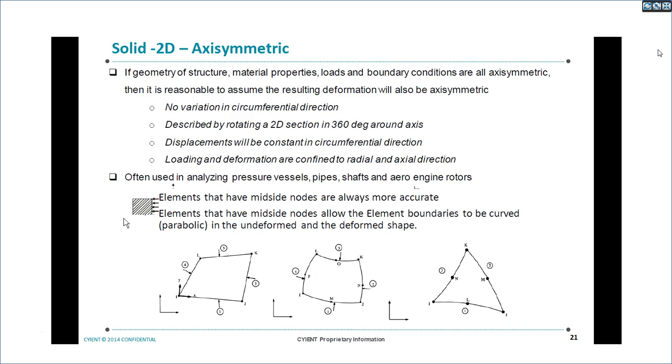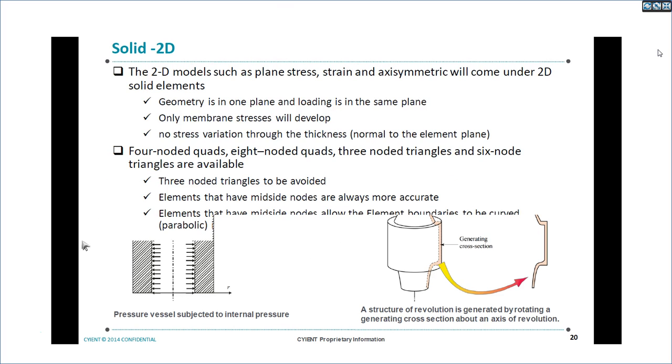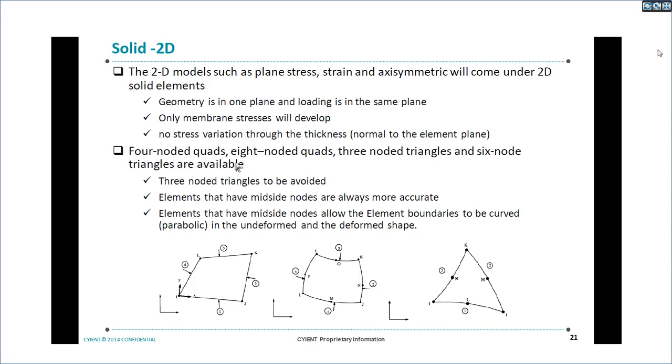Generally we have 4 noded quads, 8 noded quads, 3 noded triangles, and 6 noded triangles available. These are the element shapes available.